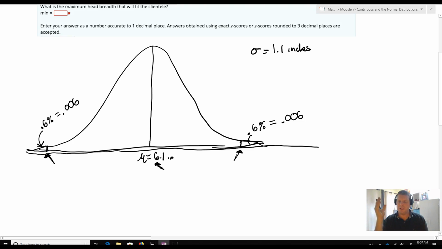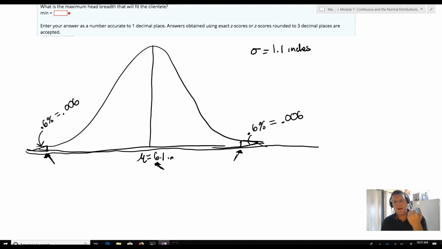When we're working with the normal distribution, there are basically two problems. Either you're given a percentage or a probability and you're asked for a certain value of the random variable, in this case hat size, or you're given a hat size and asked to find the probability.